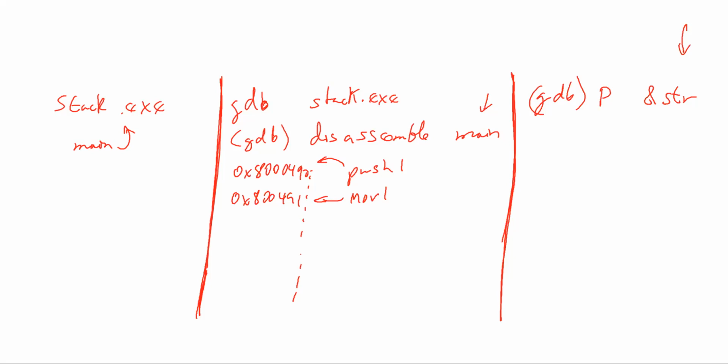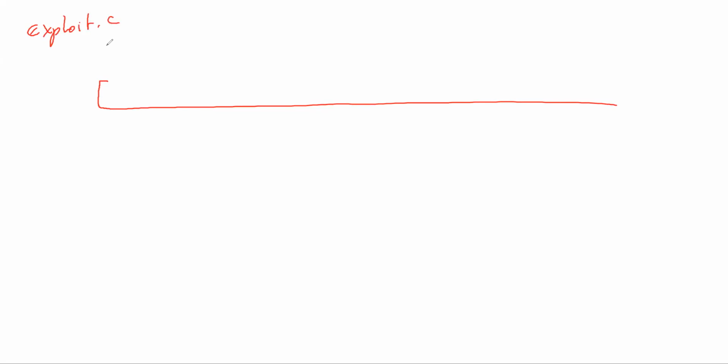All right, so a few other tricks. Let's see. All right, so the address. Let's talk a little bit about exploit.c. Now I'm in exploit.c, and remember, the whole point of exploit.c is to produce the bad file.